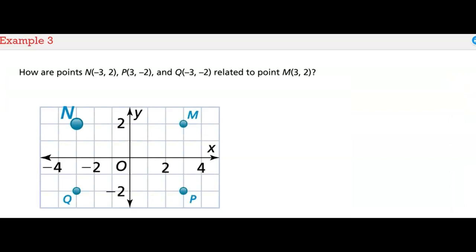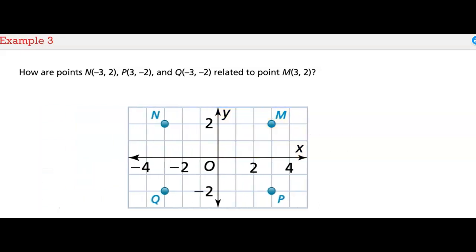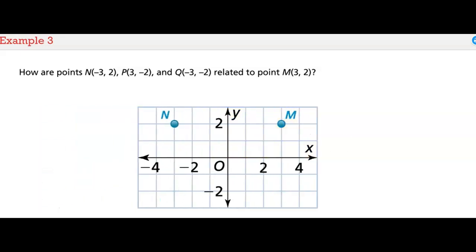How are points N, P, and Q related to point M? Point M has an x-coordinate of 3 and a y-coordinate of 2. It is located in the first quadrant. Point N has an x-coordinate of -3 and a y-coordinate of 2.